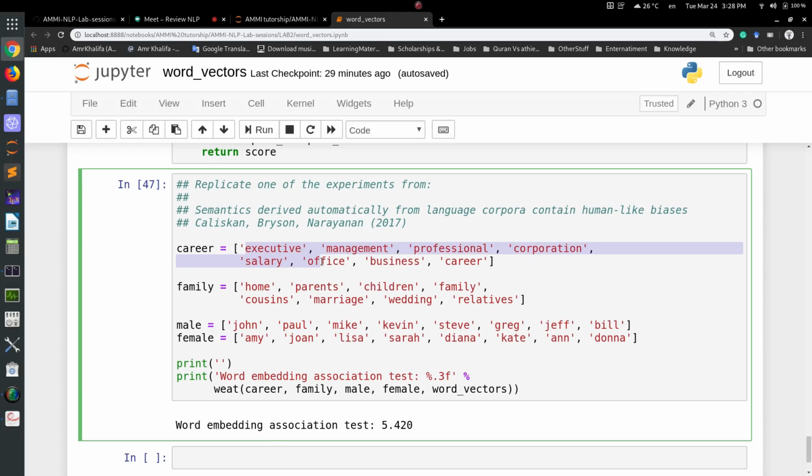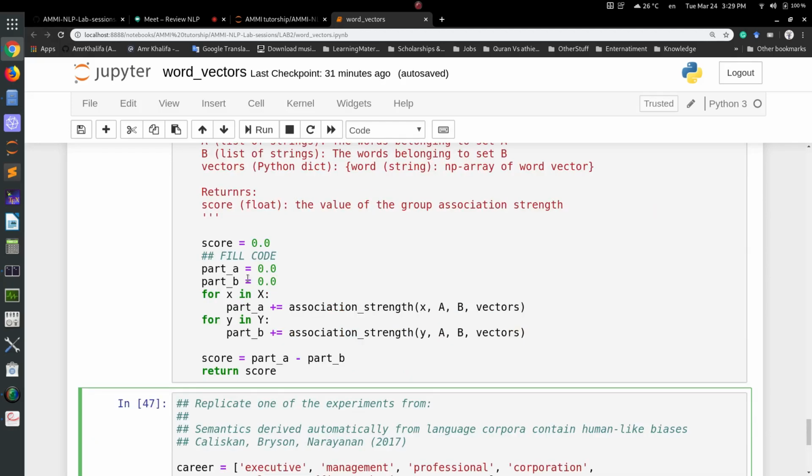Of course, the number we see here doesn't tell us which group is more similar to which group, it just tells us there is a difference between them, and then we need to look deeper to see which group is more similar to which group. Okay, so that's how you can use it to detect bias.